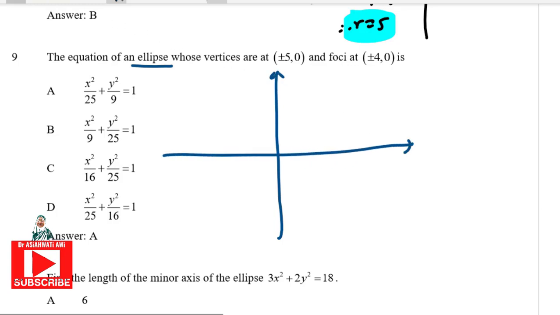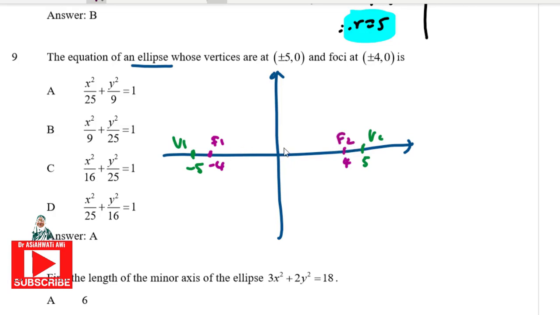The vertices are 5 and negative 5, so let's say this is 5 and this is negative 5, V1, V2. Then the foci are 4 and negative 4, F1, F2.